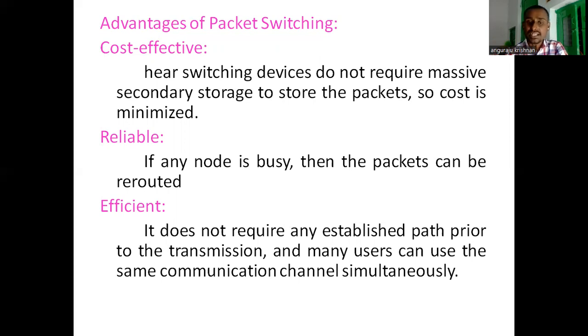It does not require any established path prior to transmission. Before transmission of data, you do not find a dedicated path between the source and destination. At the time of transferring, it finds the best path between the source and destination, which is called efficient. And many users can use the same communication channel simultaneously.